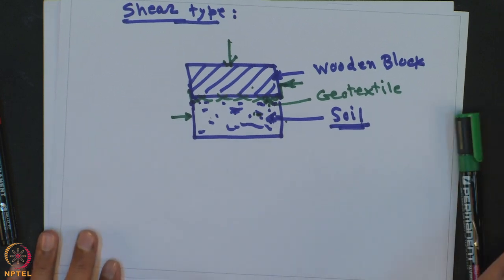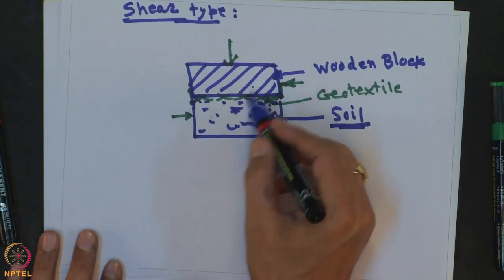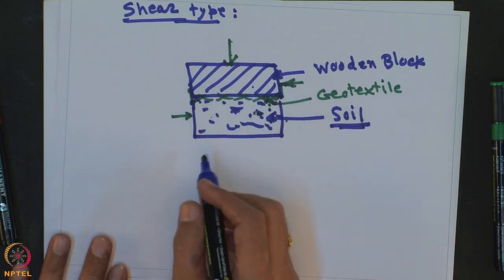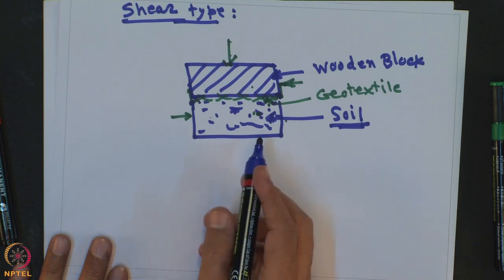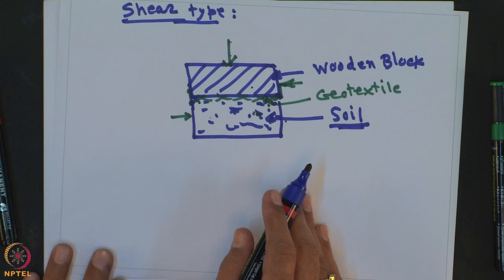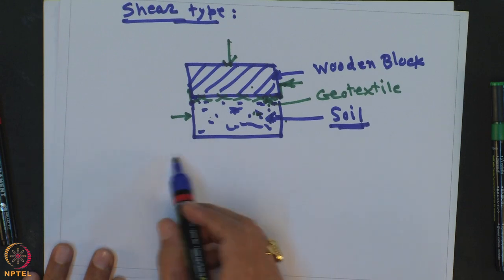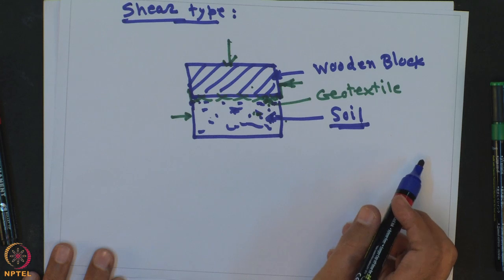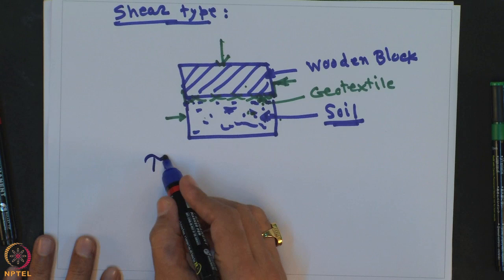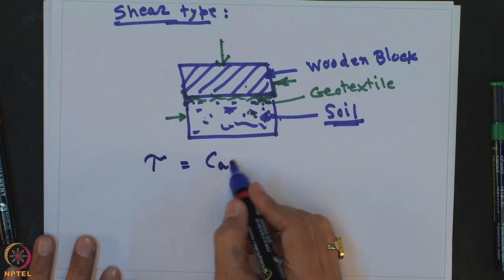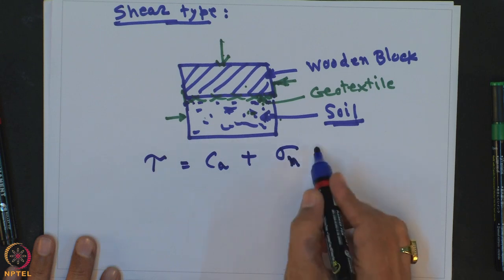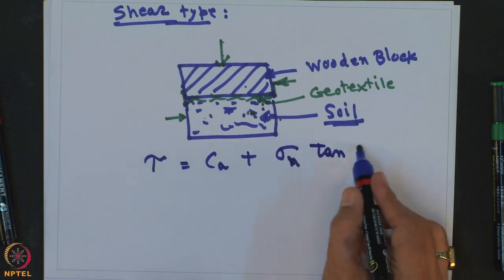So, the shear strength parameter can be determined for soil to geotextile, because this is a foreign body, and you can determine that from the geotextile material using an adopted Mohr-Coulomb failure criterion. So, from the Mohr-Coulomb failure criterion, you know that tau is equal to Ca plus sigma n into tan delta.